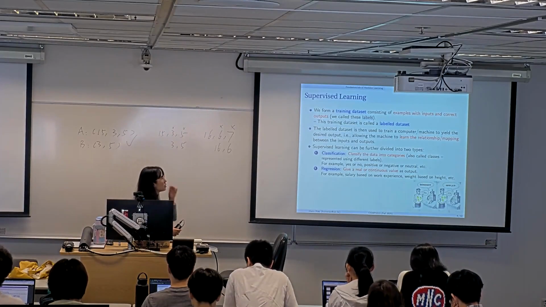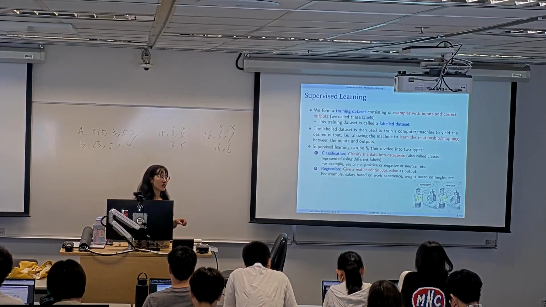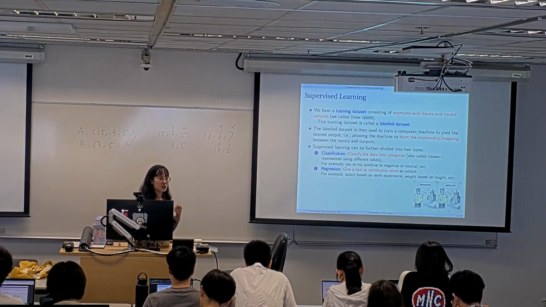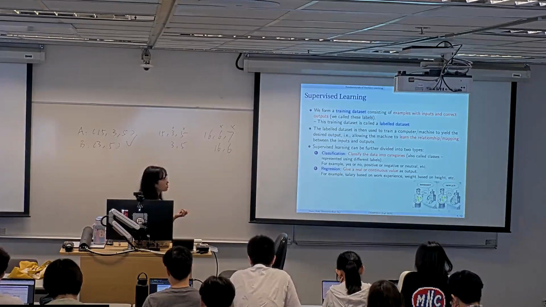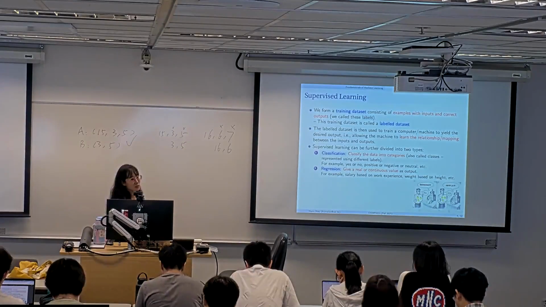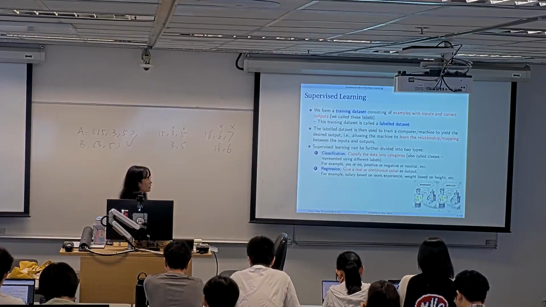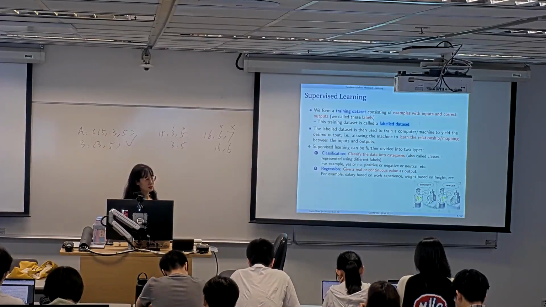So that means whenever you give data to your machine, you need to tell your machine the correct label. What does this data belong to? This is what we call supervision. So you already tell the correct answer to your machine, provide all the labels. And this training data set is called a labeled data set when we use supervised learning.